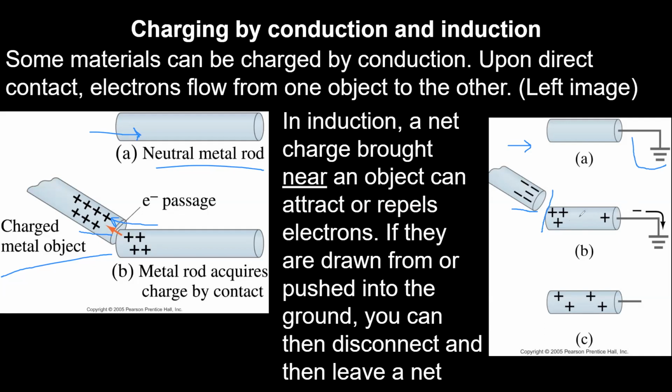The electrons here will start moving towards the other end of the rod, just due to being repulsed by this object. Then the electrons will travel through this wire and dissipate. So once you disconnect this from the ground, your object will have a net positive charge.